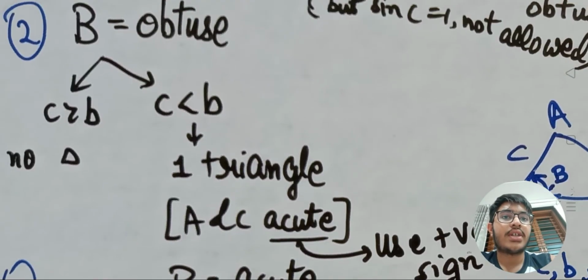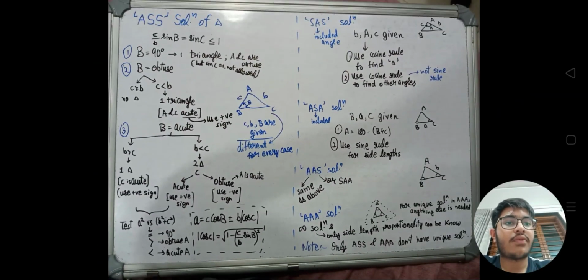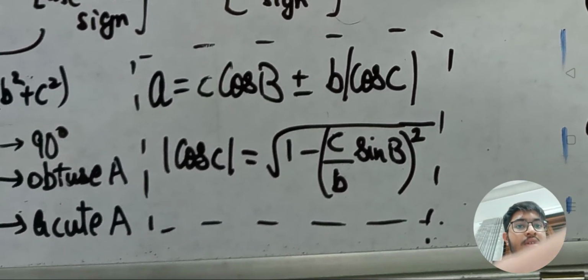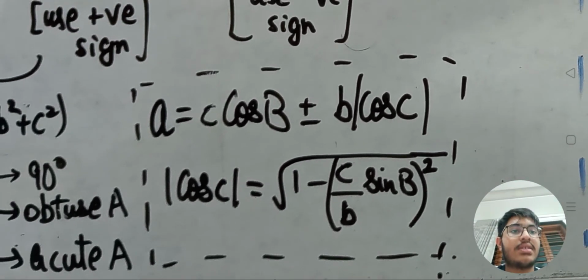As B is already obtuse, the other two angles have to be acute. Here it is to be noted, we use the positive sign. Positive sign in which formula? The formula for calculating the side length A. In this formula, we will use the plus sign, where the plus or minus is given.